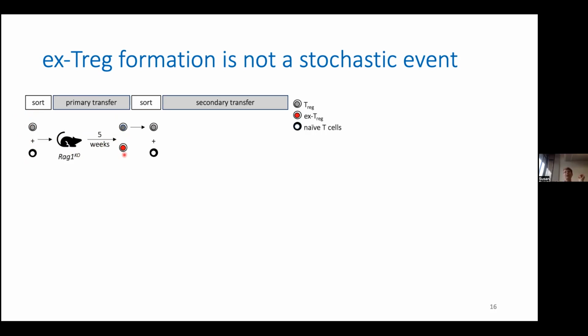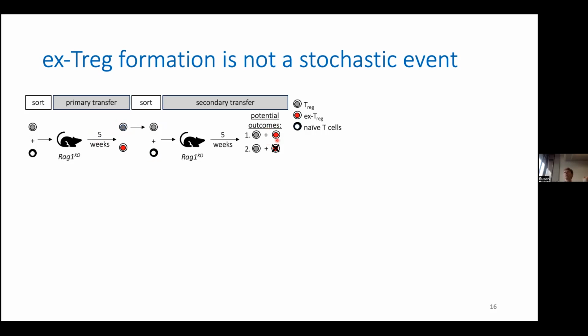So we wanted to understand whether the stochastic model actually holds. If X-Treg formation is stochastic, then we should be able to retransfer these Treg with new naive T cells again into RAG knockout mice, and then some weeks later we should find X-Treg again.